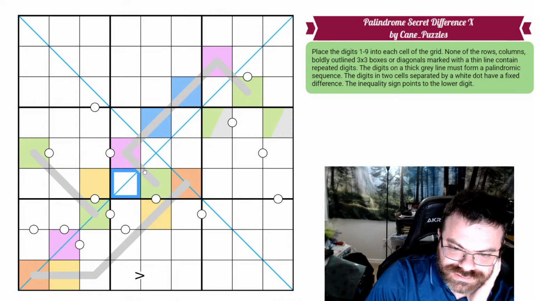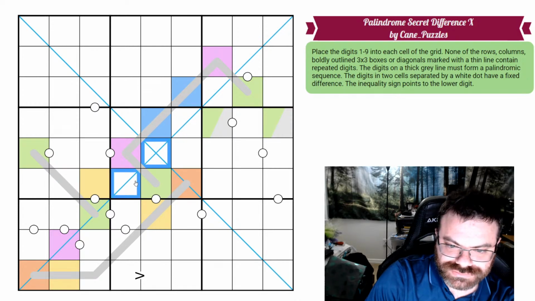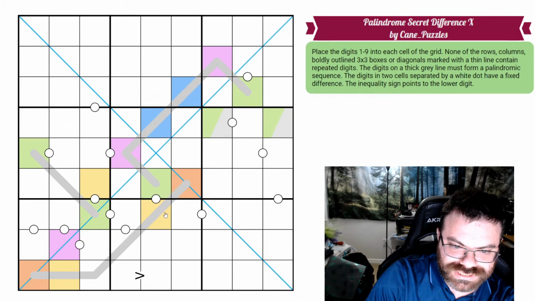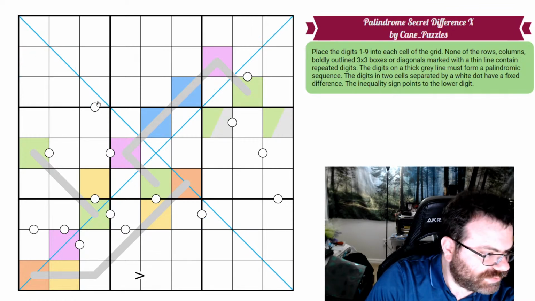Should I look at the diagonal? Maybe the other diagonal? So we don't know anything about these boxes though.